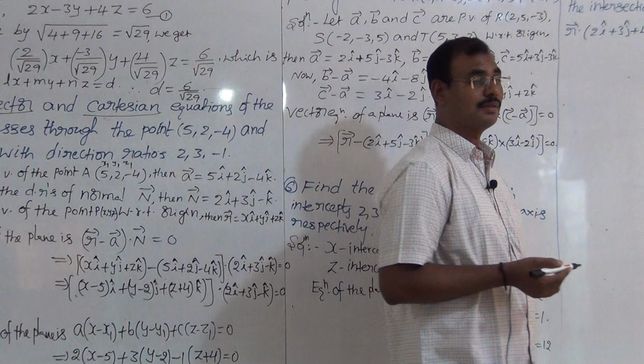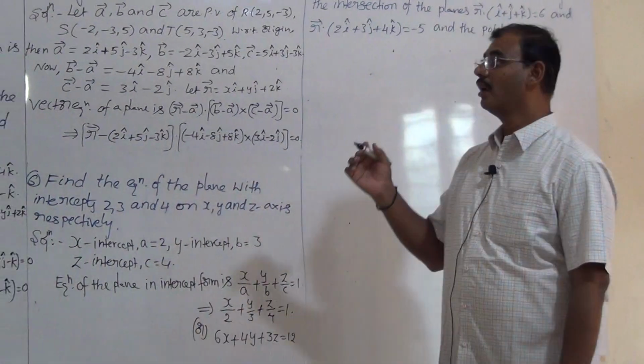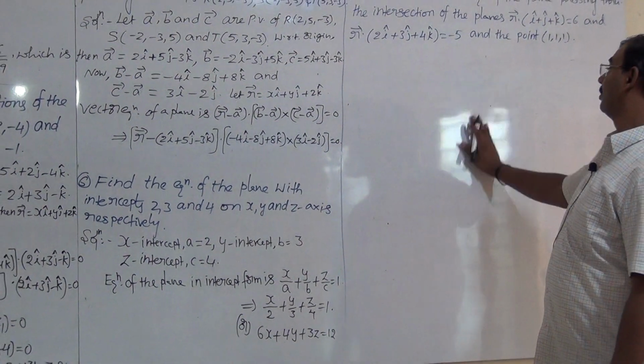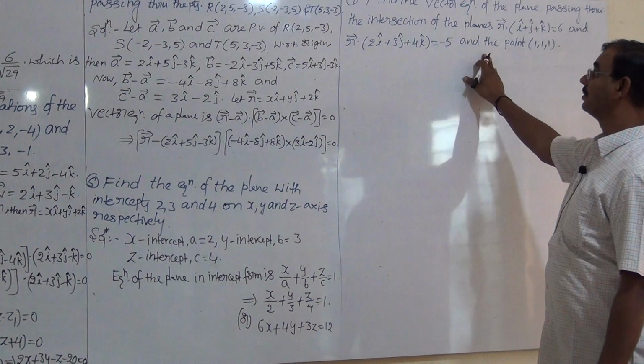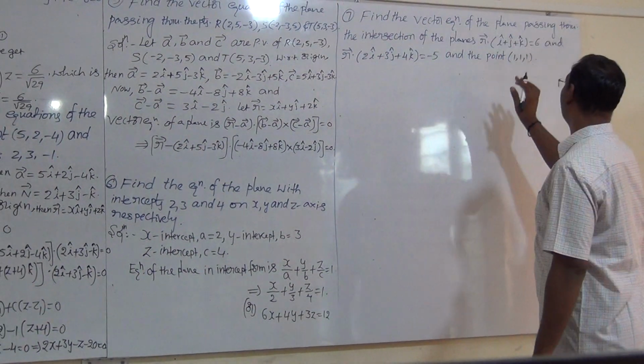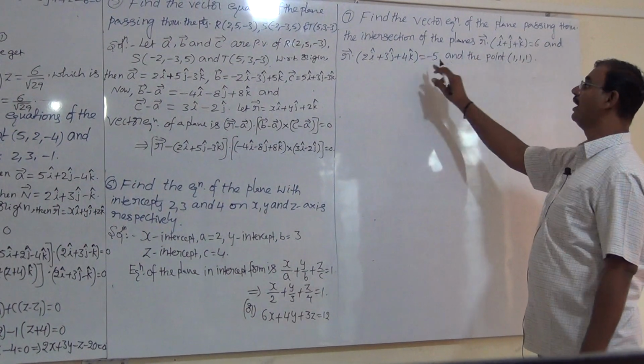Next question. This model problem is already completed, a very, very important model; I already told this problem in the exercise problems. Now this is the example question. Find the vector equation of the plane passing through the intersection of the two planes given.